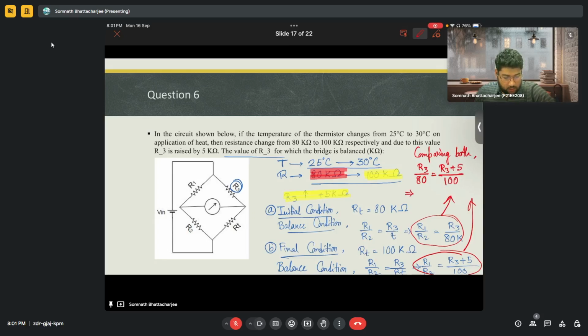So the value of R3 is 100 minus 80, which is 20 kilo ohms. Is it correct or not? Yes, it will be 20. So the value of R3 when the bridge is balanced will be 20 kilo ohms.